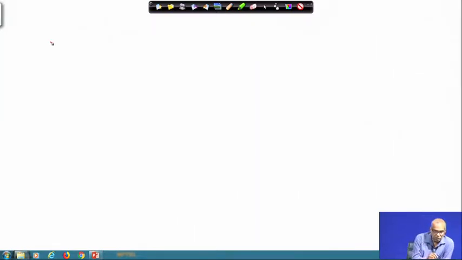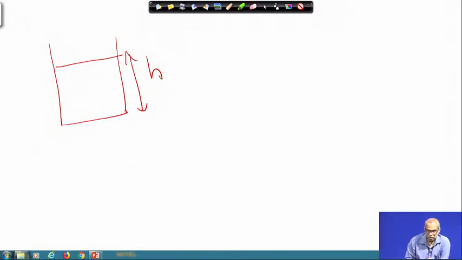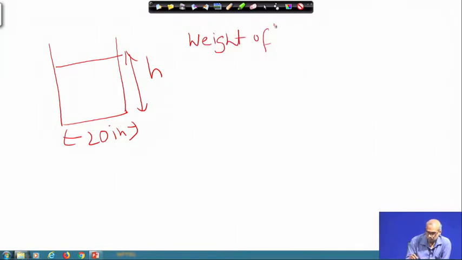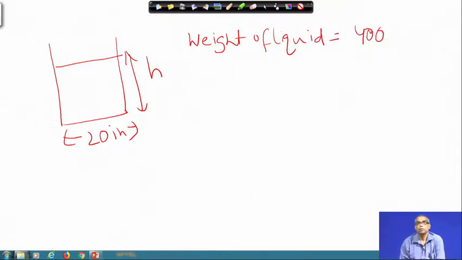So, again if I consider H as the liquid level, the diameter is given as 20-inch, weight of liquid is 400 pound, the load cell reading, which contains weight of liquid plus weight of container, minus 50 pound, which is given as weight of empty container.